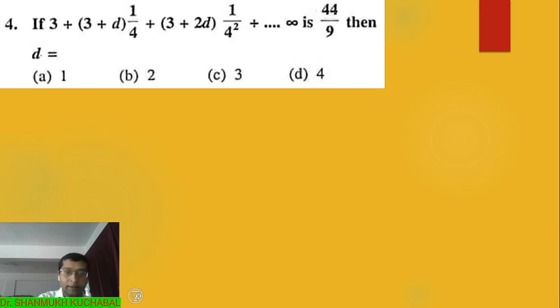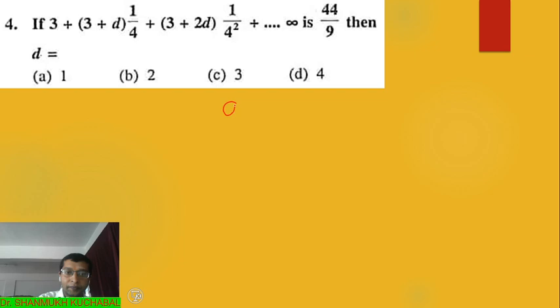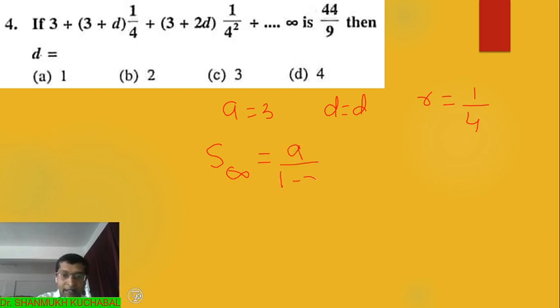So we will write a equal to 3 in this example. D is d itself, r is 1 divided by 4. Okay, further in this formula we will substitute. We have studied just before the arithmetic geometric series. S infinity equals a by (1 minus r) plus d r divided by (1 minus r) whole square.